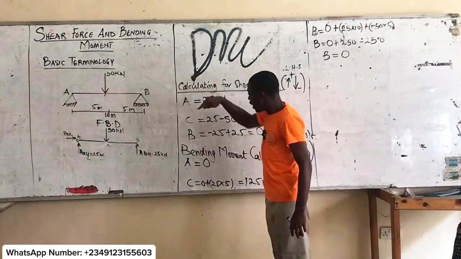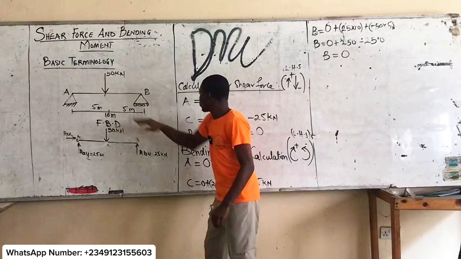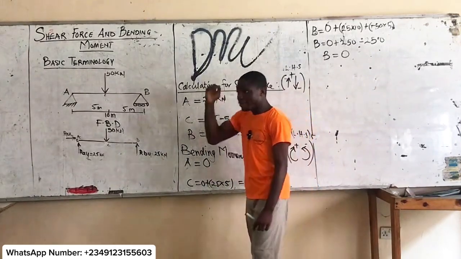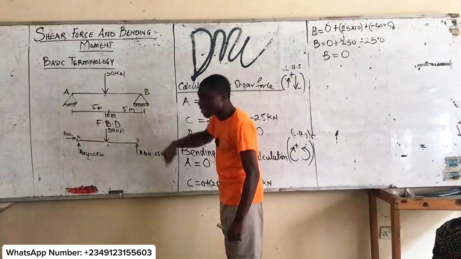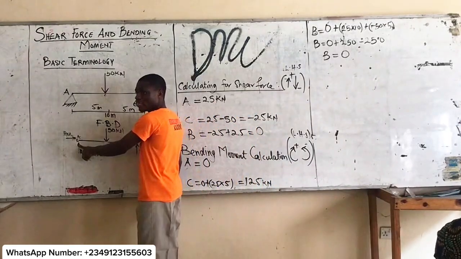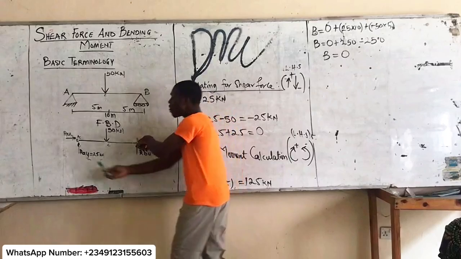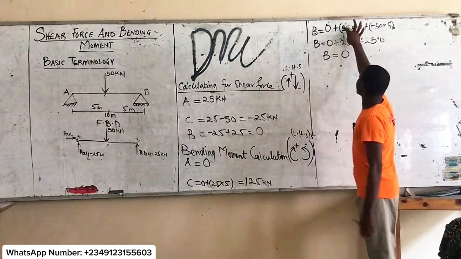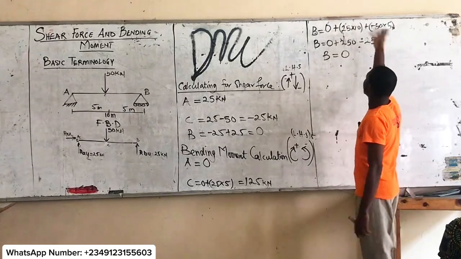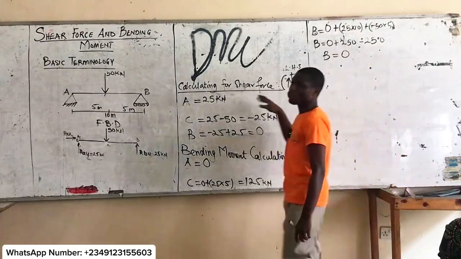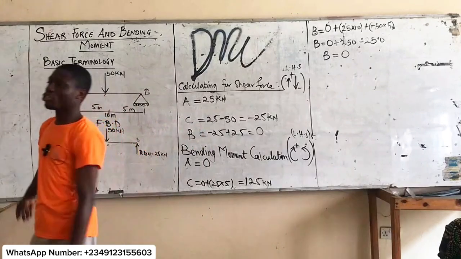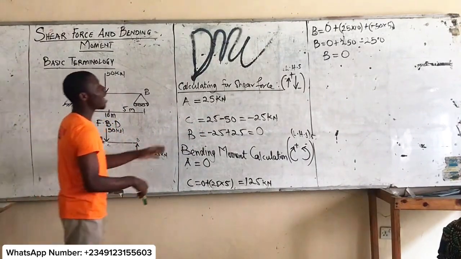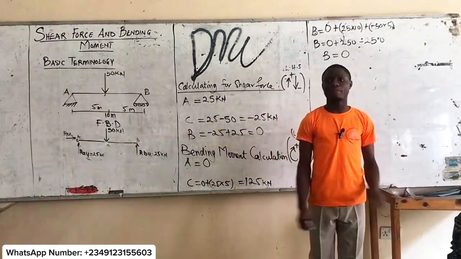The arrangement here is A, C, B, not A, B, C. So the first one is A. Take your A to this one C, then come down 10 to the one of 5. So I have 25 here. If you don't understand, I'll drop the video, so you watch it. For those that are late, I'll drop the video. That's all. Let's do our diagram, please.